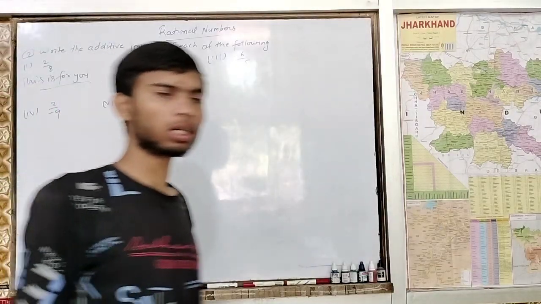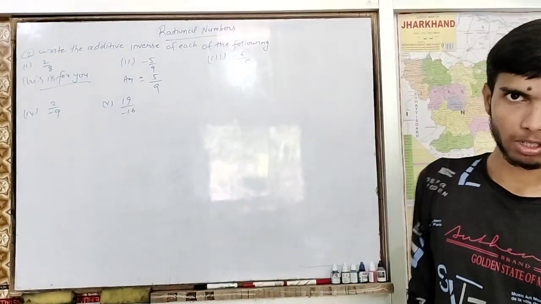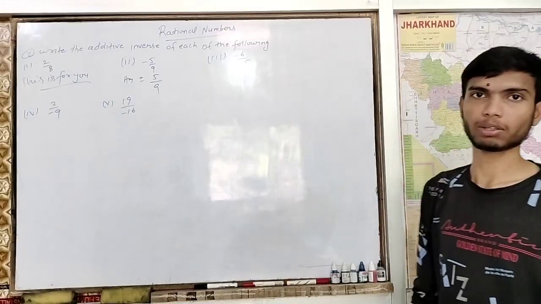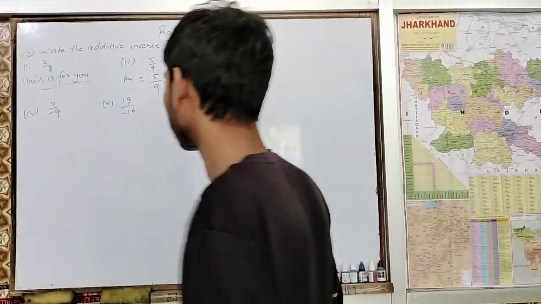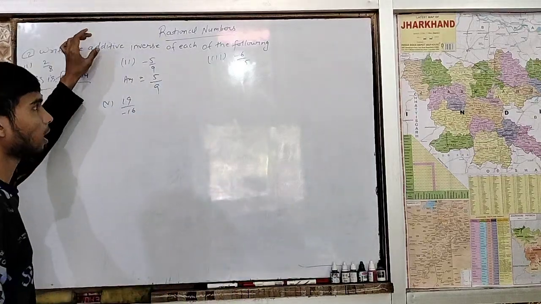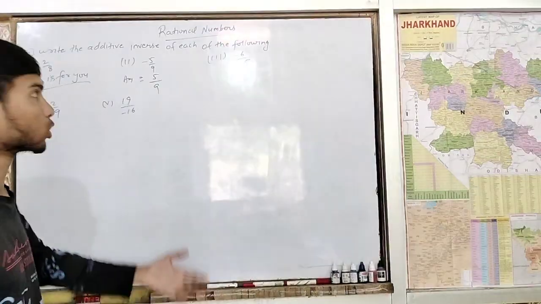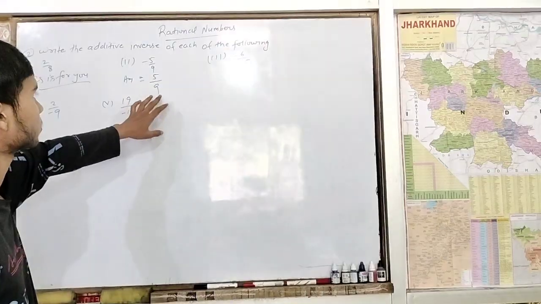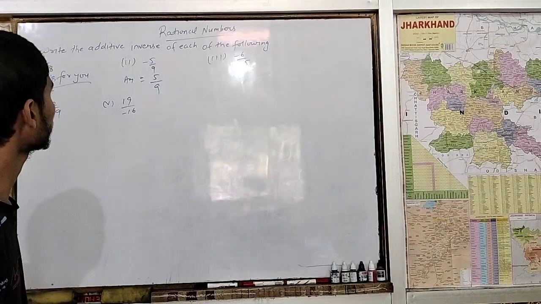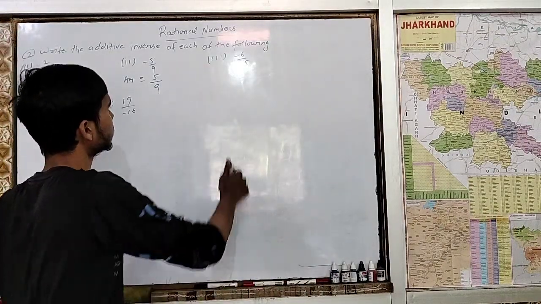9 is with a positive, it will be as it is. Whatever number is with a negative, we will have to convert that number into positive, because the question is saying write the additive inverse. So the opposite of this would be what? Opposite of this would be this much. Now look at this here.